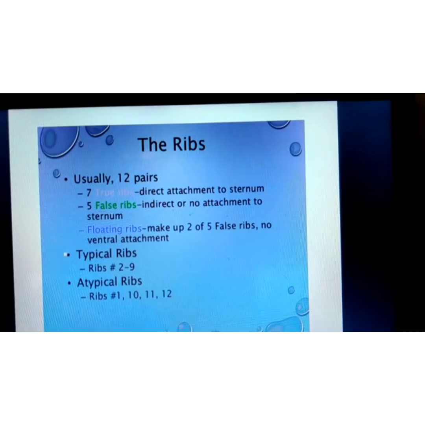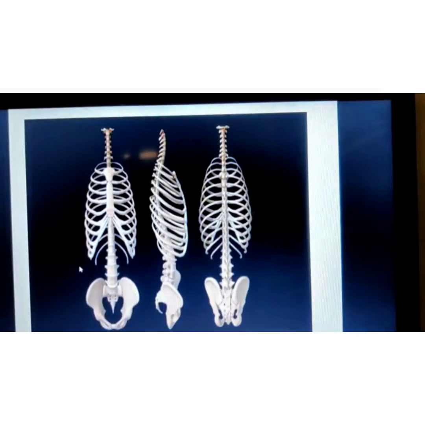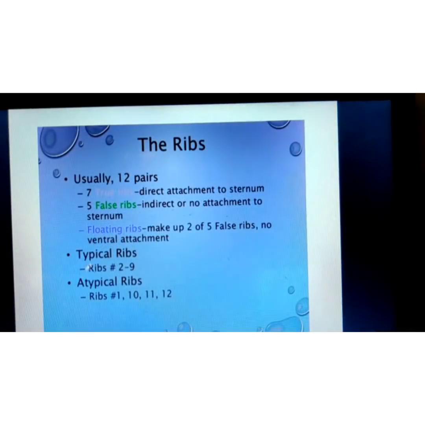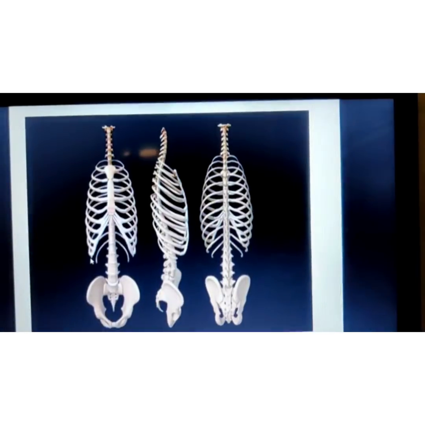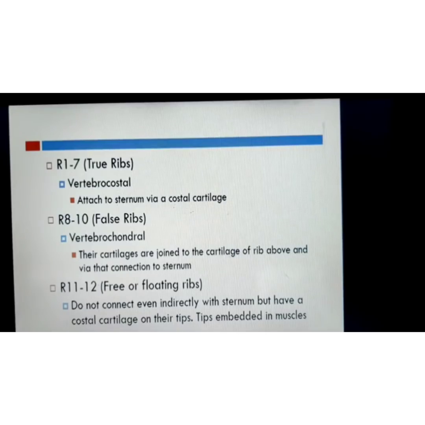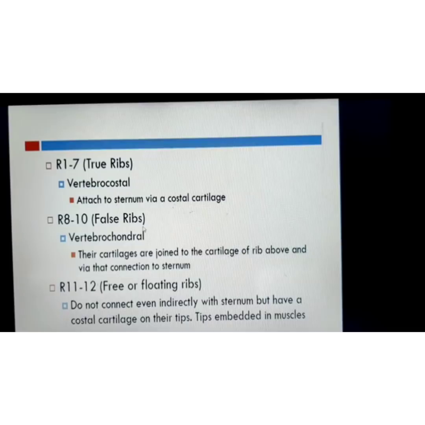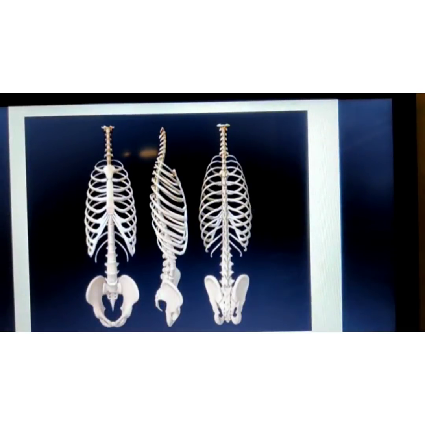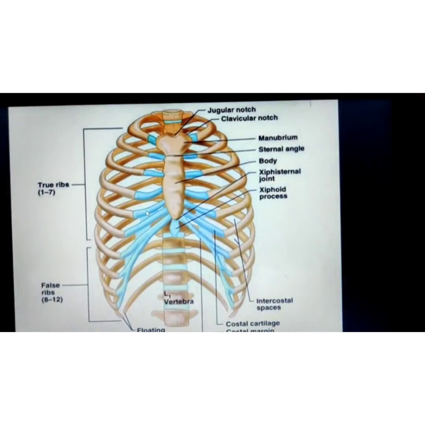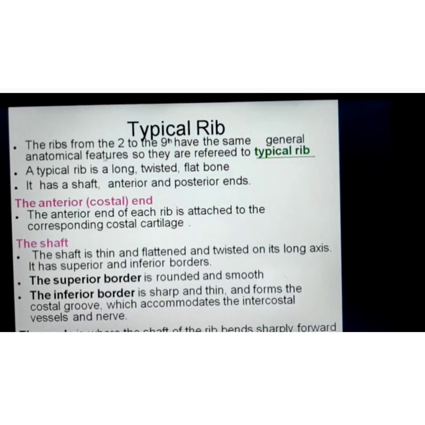We can also classify ribs into typical and atypical ribs. This is the second method of classifying the ribs.